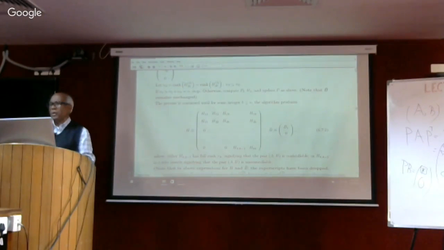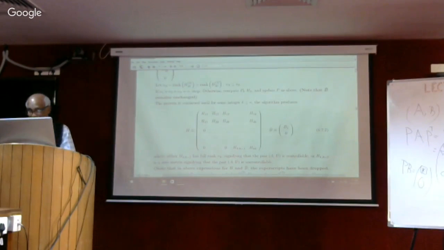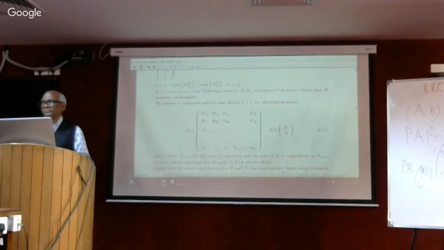The way the algorithm has been designed, I'm not going into the details, each of these sub-diagonal blocks is either a full rank matrix or a zero matrix. There are only two choices.